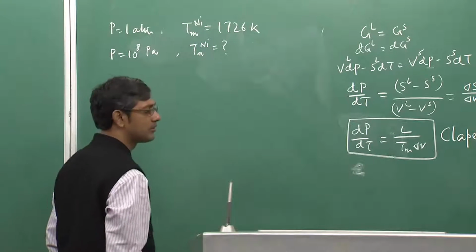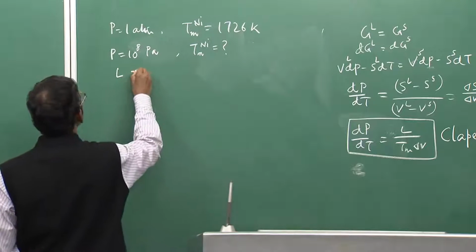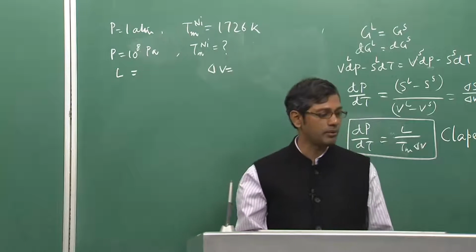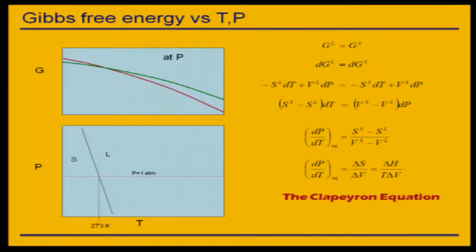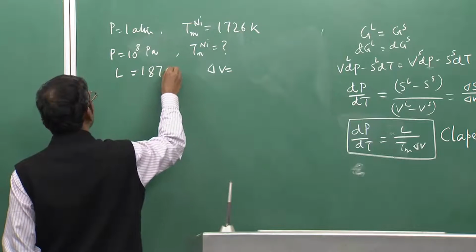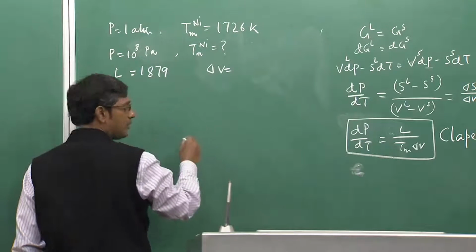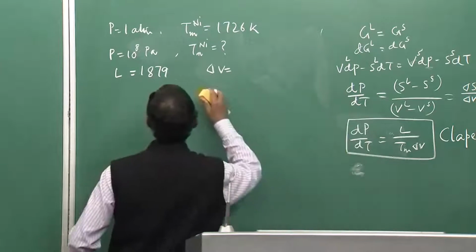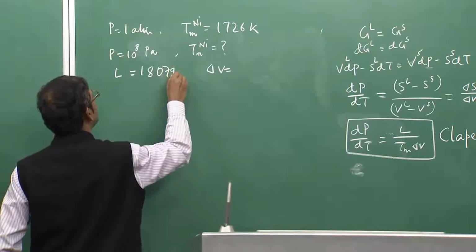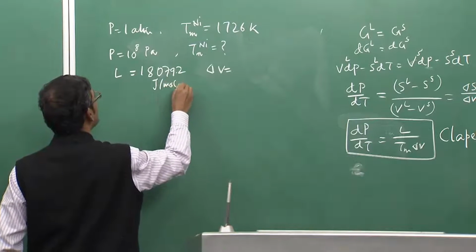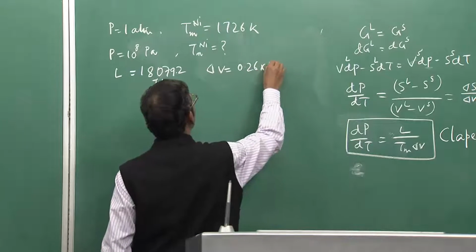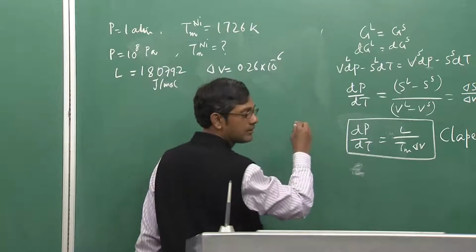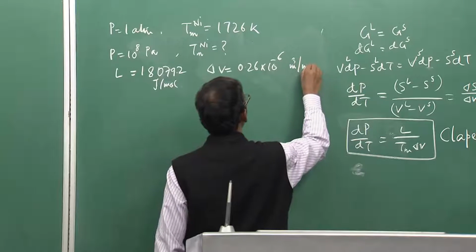You need certain values, and these are latent heat and delta V. The latent heat given in this problem is 18,079.2 joule per mole, and delta V is 0.26 into 10 to the power minus 6 meter cube per mole.